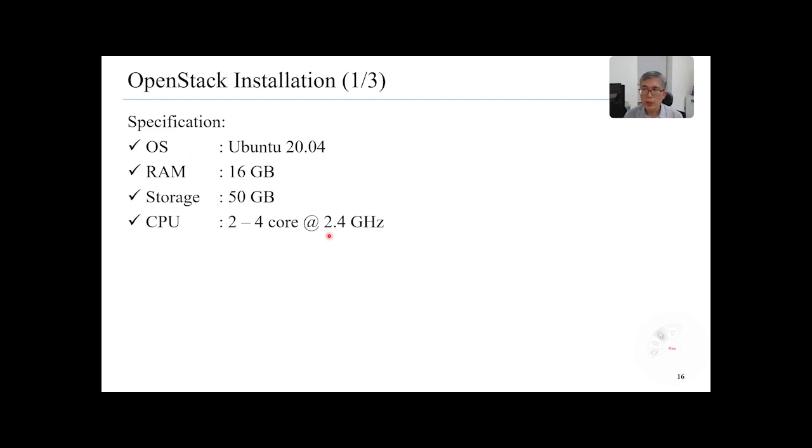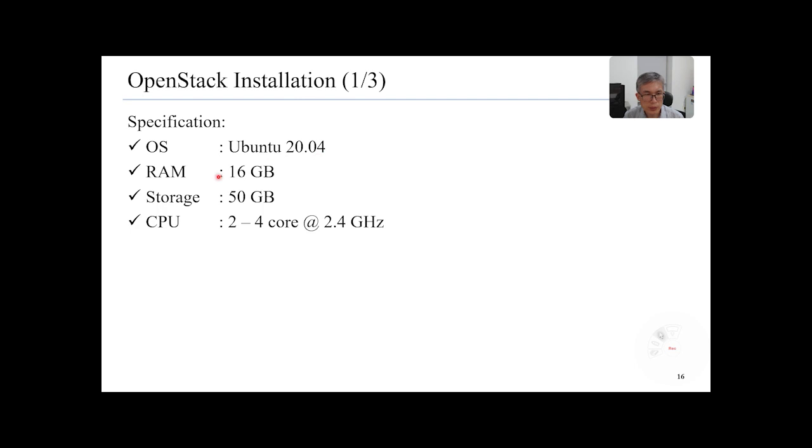From now on, we'll see how to install OpenStack on your machines. The specification requires, at least, the Ubuntu operating system, this version. You can install VMware Workstation or VirtualBox, and then install Ubuntu Linux.